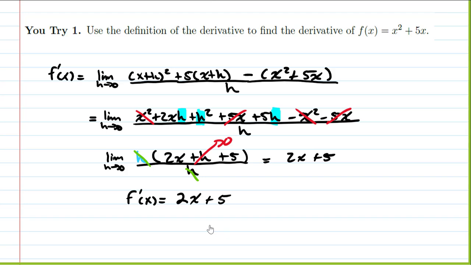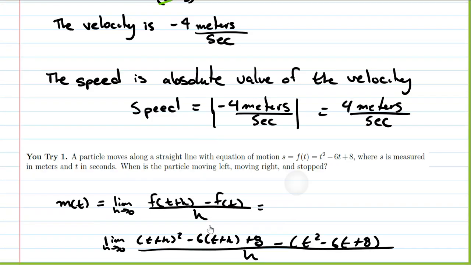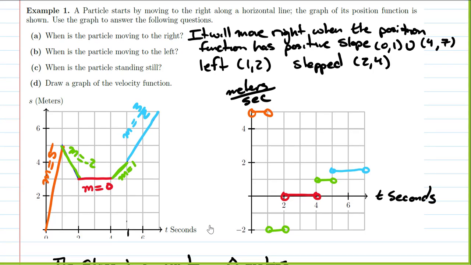So we talked about how before the derivative of f, or f prime, is the slope of f. If we think back to 2.7, for example number 1, it says a particle starts moving to the right along a horizontal line.